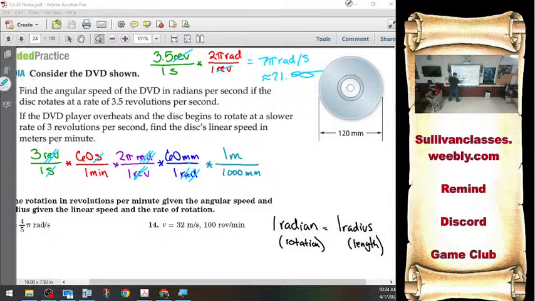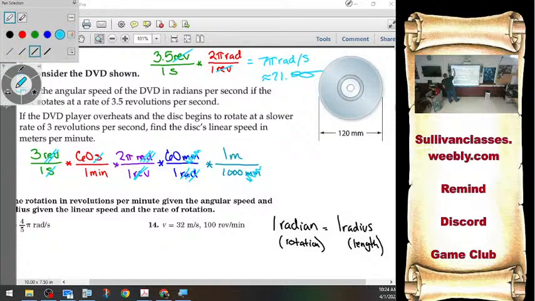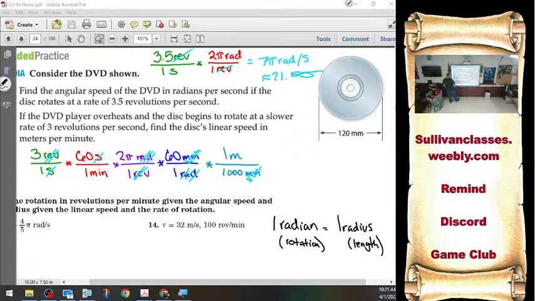And you multiply straight across. You say 3 by 2 is 6, times 60, times 60, so 21,600 pi over 1,000.